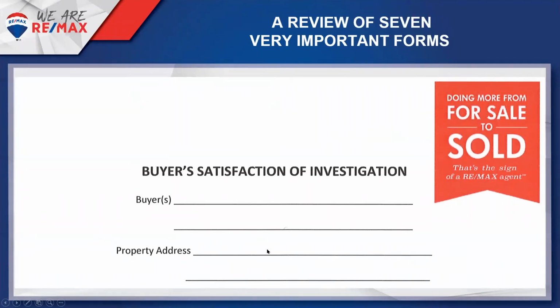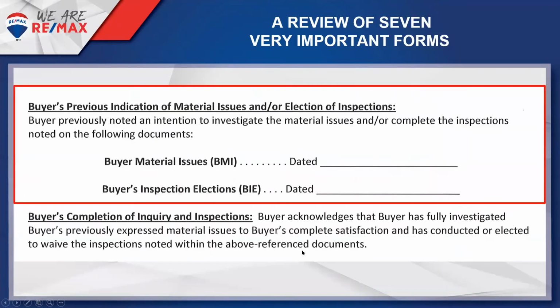It goes hand in hand with the BMI when the BMI has anything on it other than none. If the word none or no specific issues, or whatever the buyer wants to say that indicates none, is on the BMI, then you don't need this satisfaction of investigation. But if it has something on it, then you need this form.